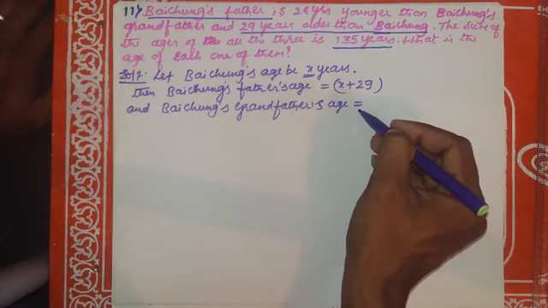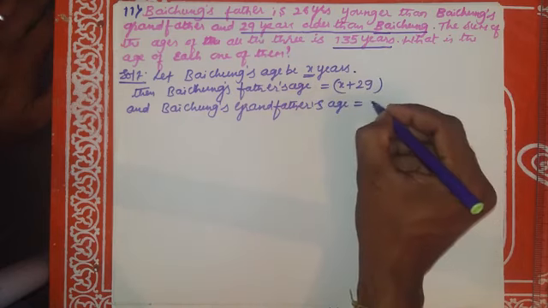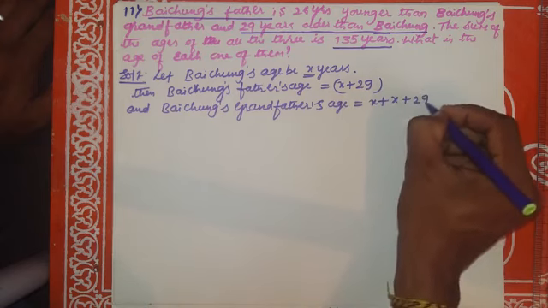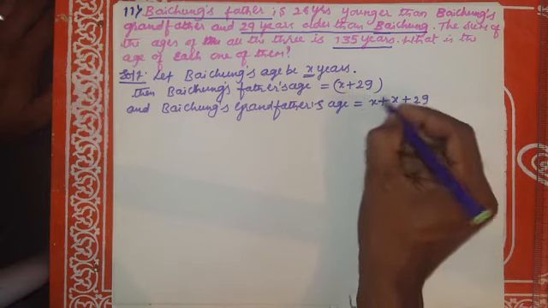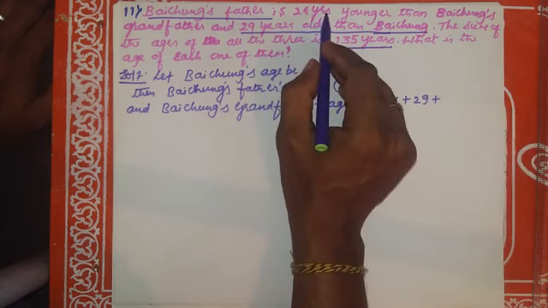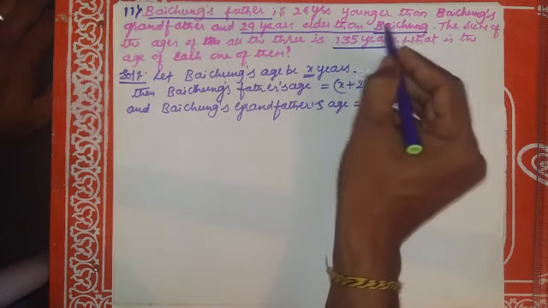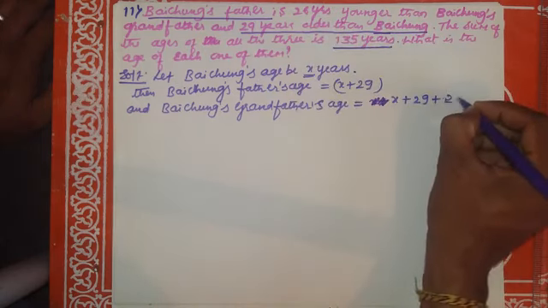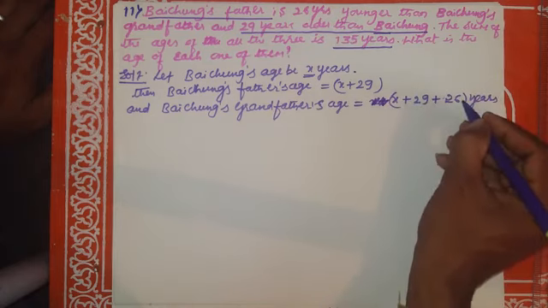He is older than Baichung's father and Baichung, right? x plus 29 is the father's age, and since he is 26 years younger than the grandfather, the grandfather is older by 26 years, so we should take this 26 years here: x plus 29 plus 26.